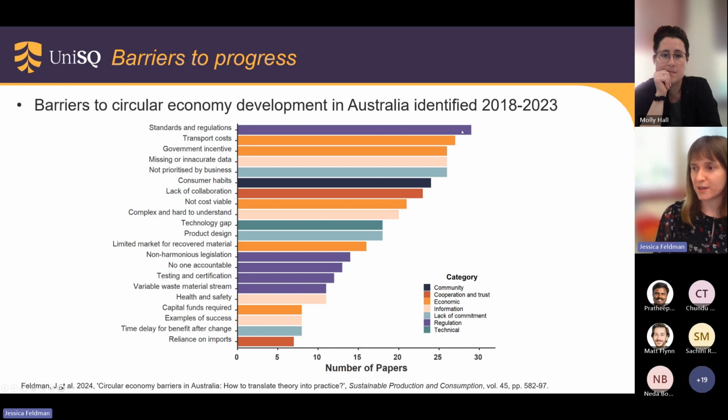And this is a common theme across many different industries. Other common barriers are, of course, economic factors like high transport costs, not enough government incentive, and also missing or inaccurate data, and that circular economy is not prioritised by business.